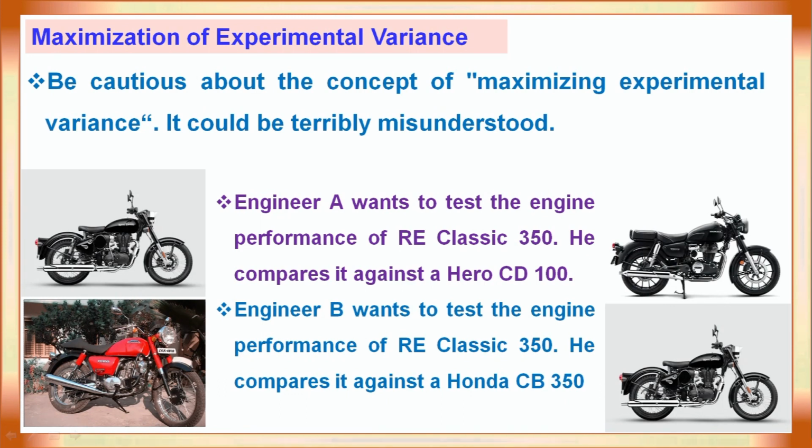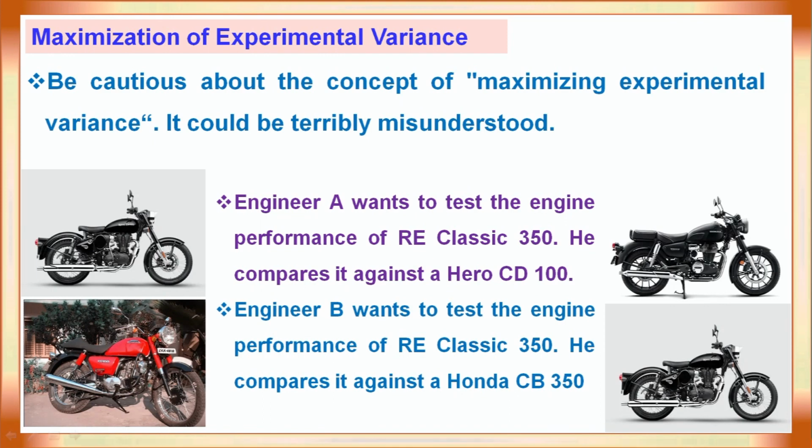Now, for the comparison, there are two independent variables: one is the Royal Enfield Classic, and for the comparison group, the maximization of the experimental variance, you use maybe the Hero CD100. Tell me whether that is reasonable. The Royal Enfield performance will always be much better than the CD100, because it is a higher engine capacity bike.